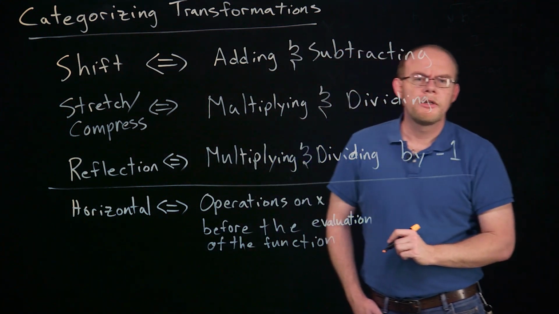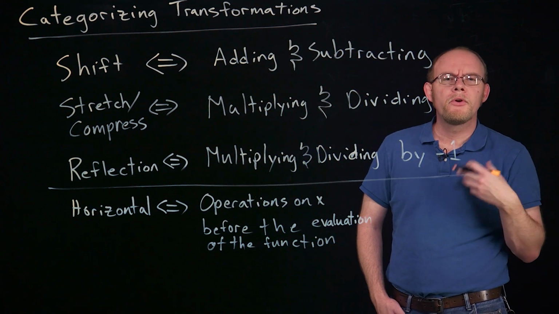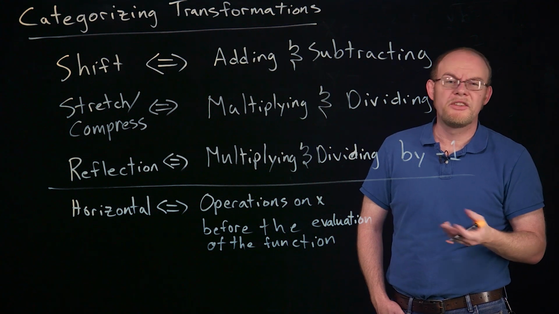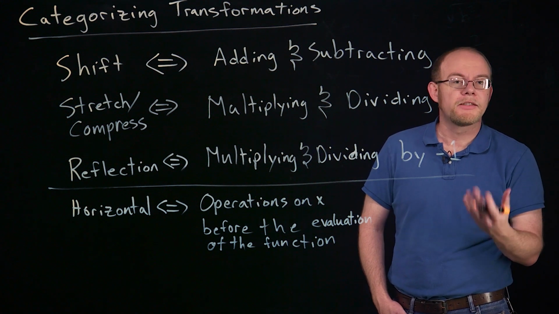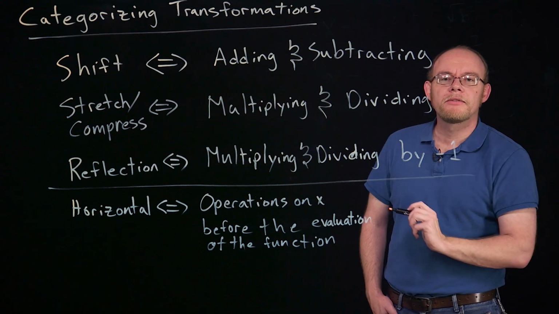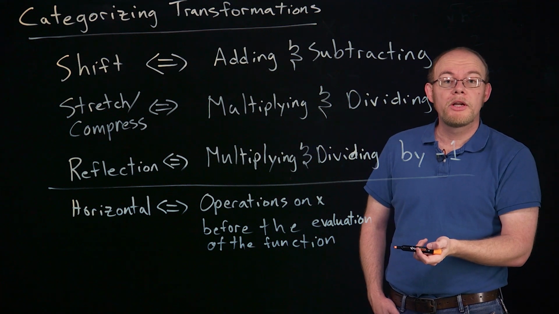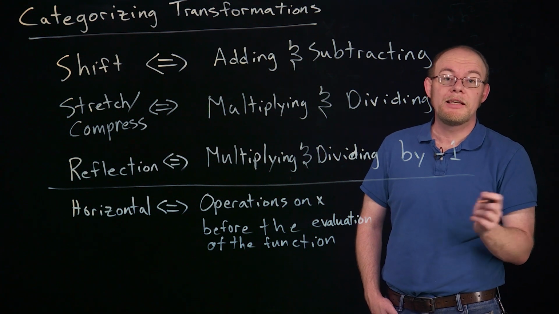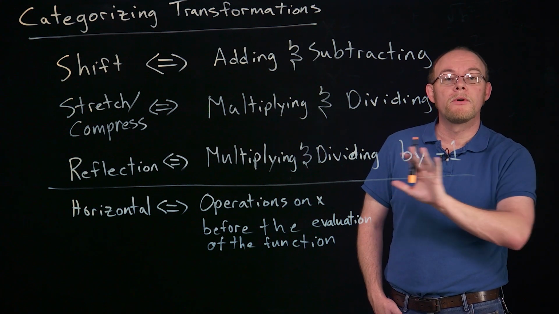If you did something to the x variable before you did what the function was asking you to do, say square rooting or squaring or taking a sine function or a cubic or something of that sort, these operations affected the x variable before you did that evaluation, and that corresponds to doing something to the input, i.e. doing some sort of horizontal operation.